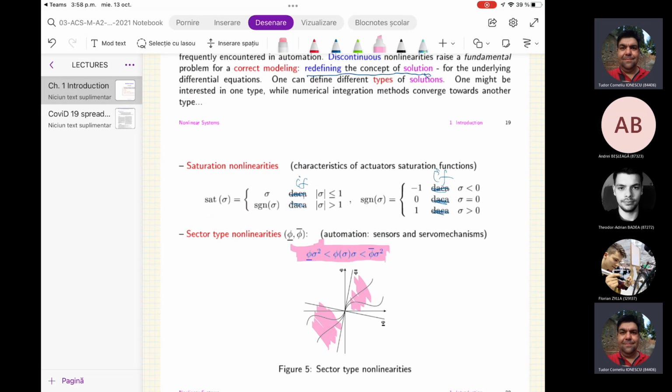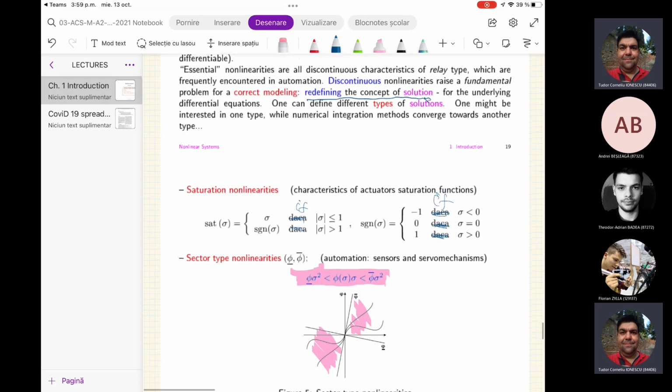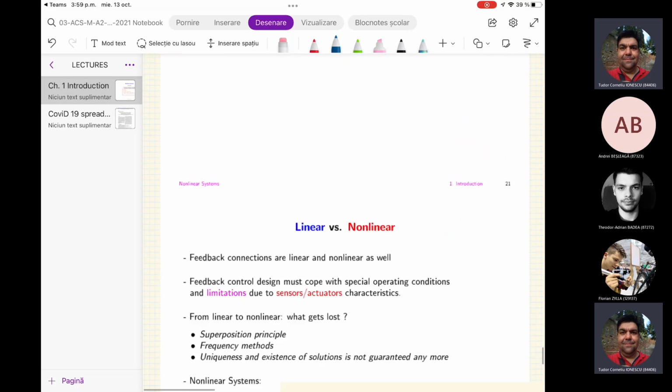They are very important for understanding the development of nonlinear systems. We are going to mainly rely on and discuss the main concepts of this lecture of nonlinear systems for the weak nonlinearities.